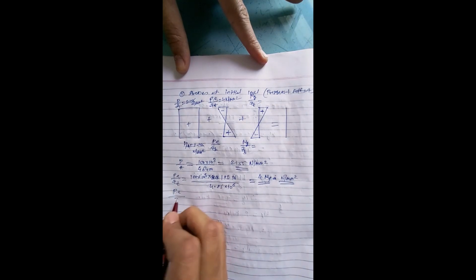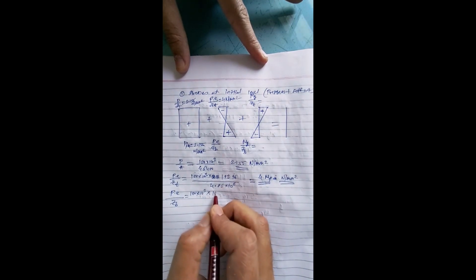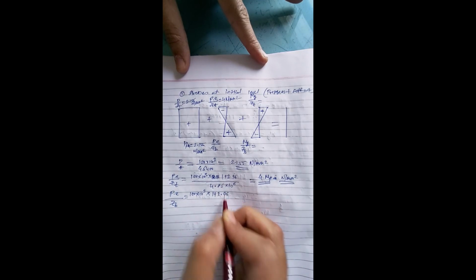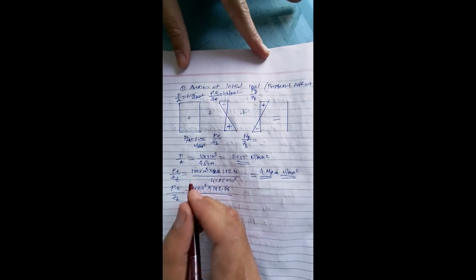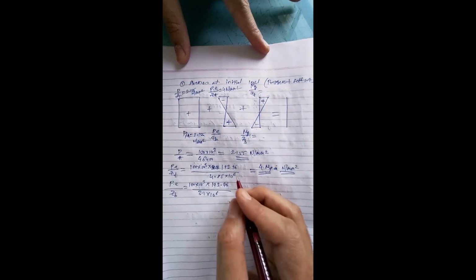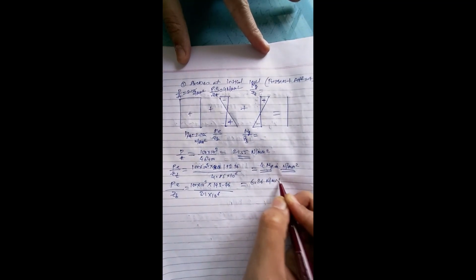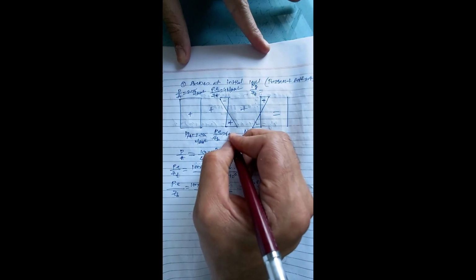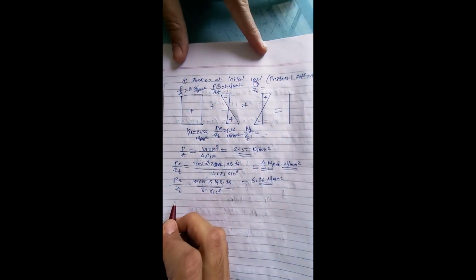Next P into E by Zb: 100 into 10 raised to 3 Newton, eccentricity is 193.96, and the value of Zb calculated previously is 3.1 into 10 raised to 6 mm cube, which gives 6.26 Newton per mm square.